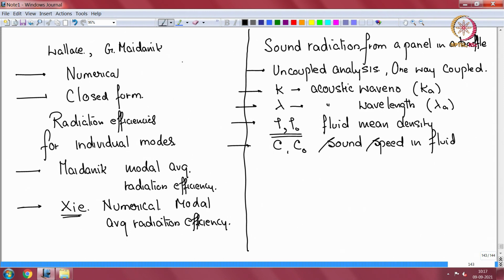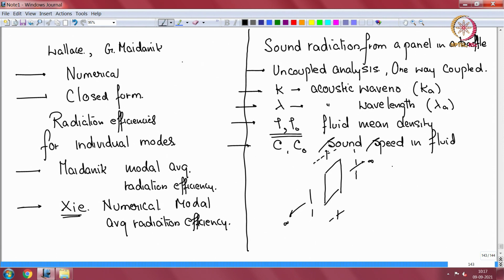Now, what have we seen so far? We have seen a case of a rectangular panel, finite, placed in a rigid wall or baffle. The baffle extends to infinity in all directions.